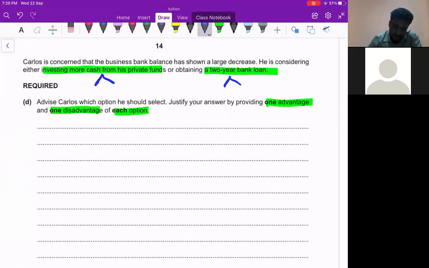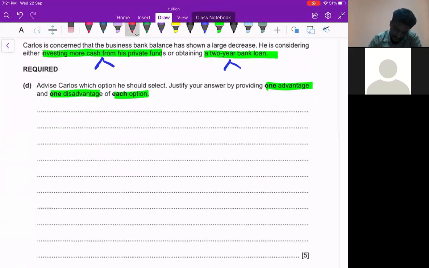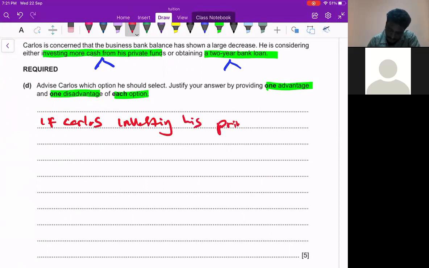Okay, first one I want to talk about. If Carlos is investing his private fund, he has no interest cost.